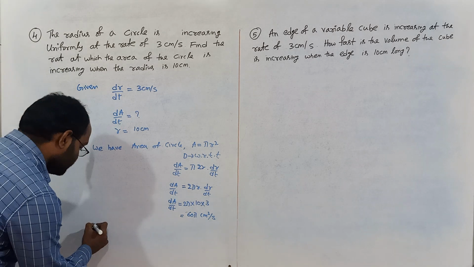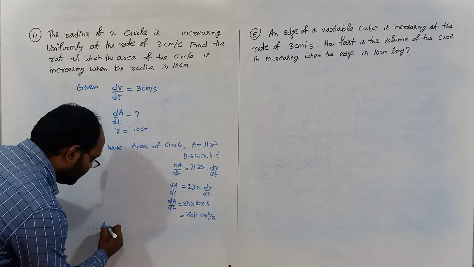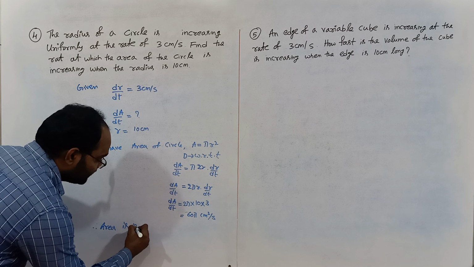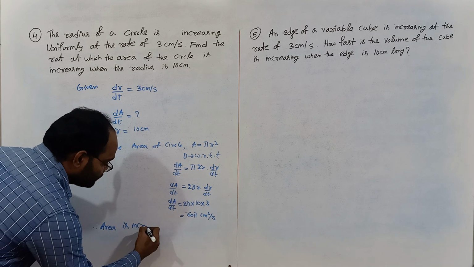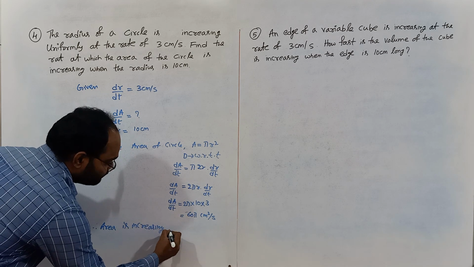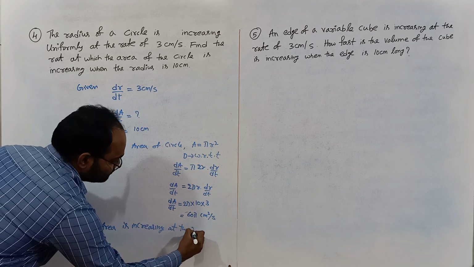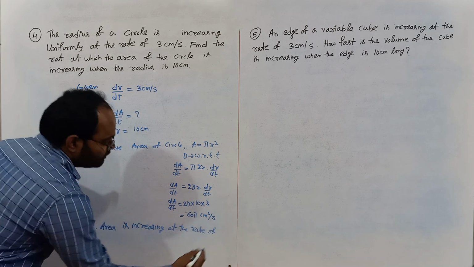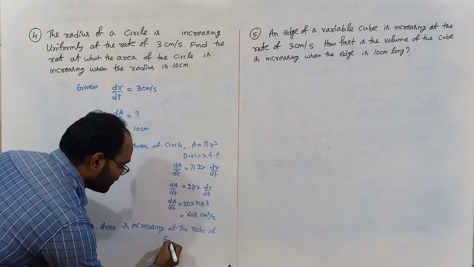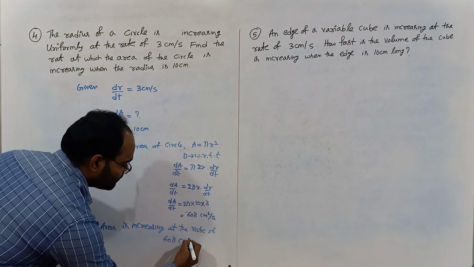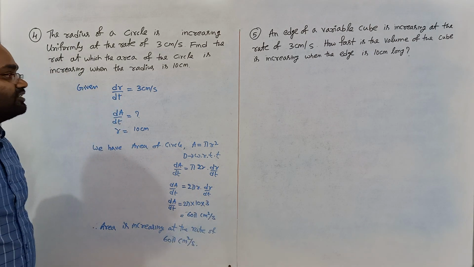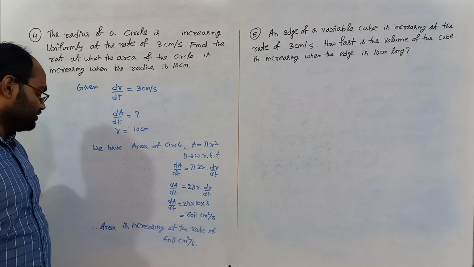So therefore the conclusion: area is increasing, since positive, at the rate of 60 pi centimeter square per second. That is the rate at which it is increasing.